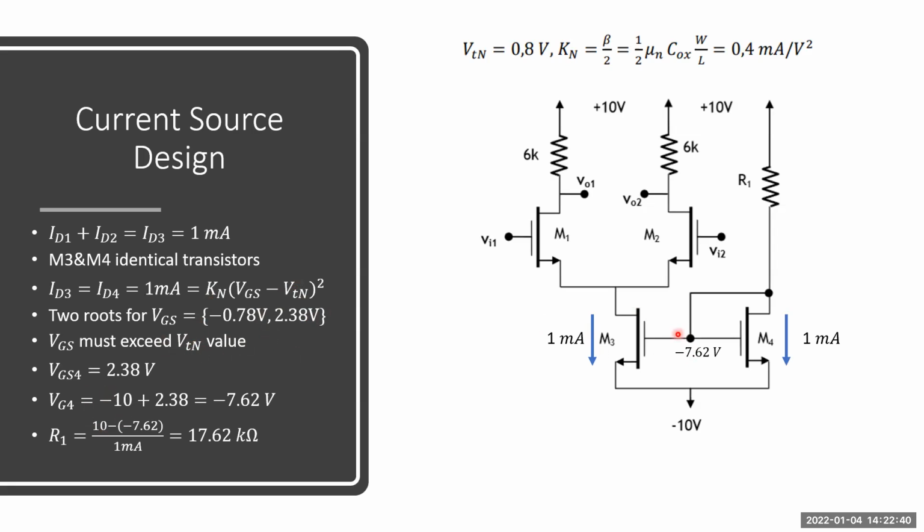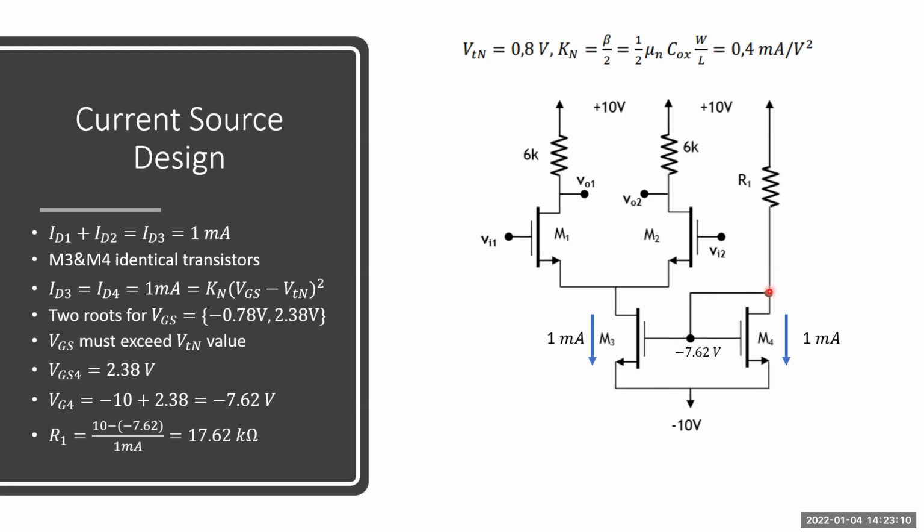Let's calculate the gate voltage of M3 and M4. We know the VGS value and we know the source value here. What is the source value of M3 and M4? It's minus 10 volt. Then what is the gate voltage? Gate voltage equals source voltage plus VGS, right? Then the gate voltage equals minus 7.62 volt.